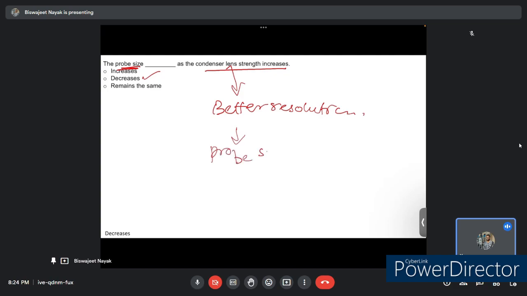So the answer is that probe size decreases, because with a decrease in probe size we can easily resolve very small specimens.